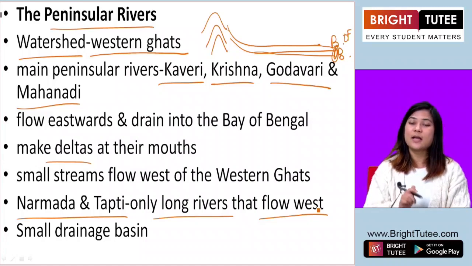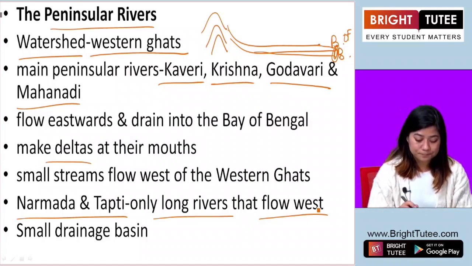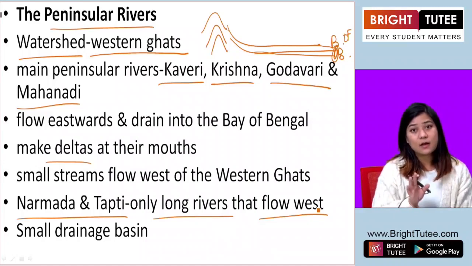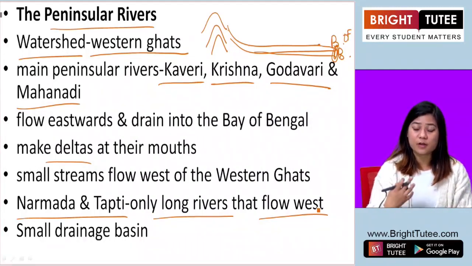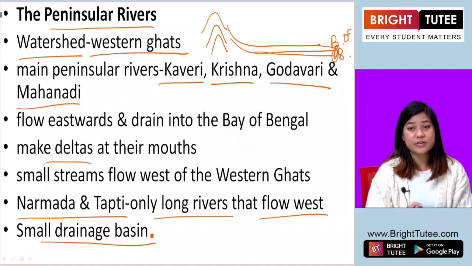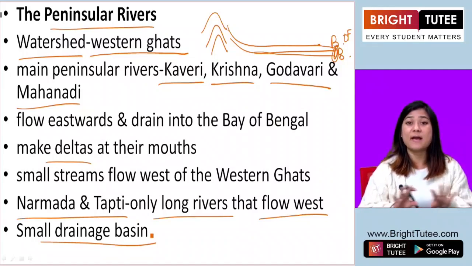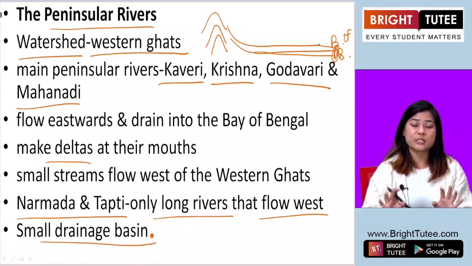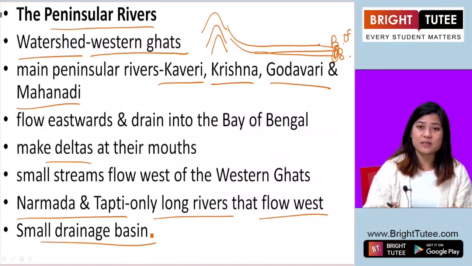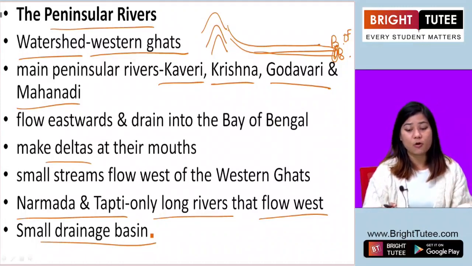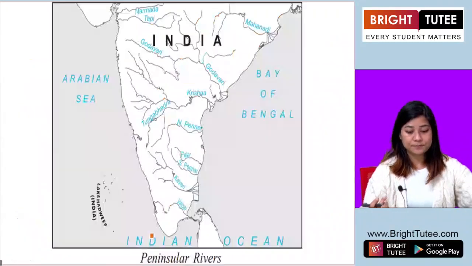Okay, others are small streams. And these river systems in the peninsular region of our country have small drainage basins. They do not have massive or huge drainage basins like that of the Indus, the Brahmaputra or the Ganga. They have smaller drainage basins.